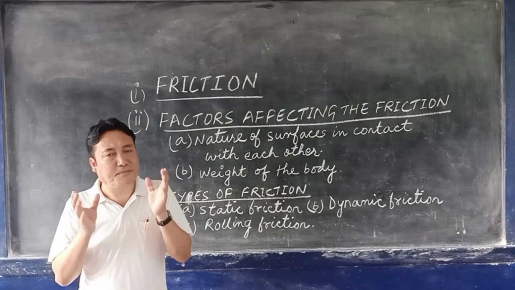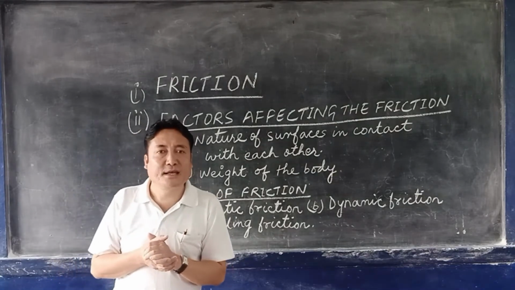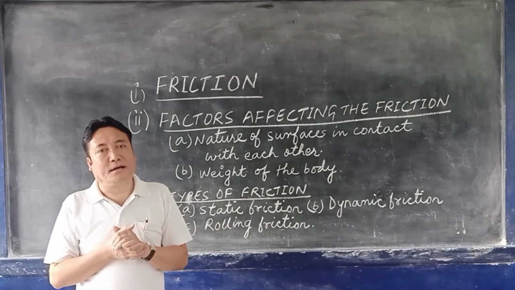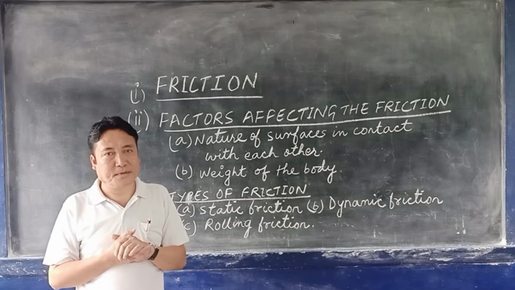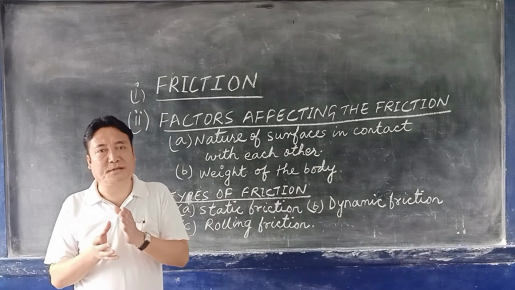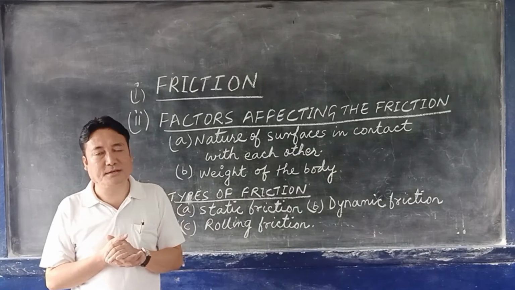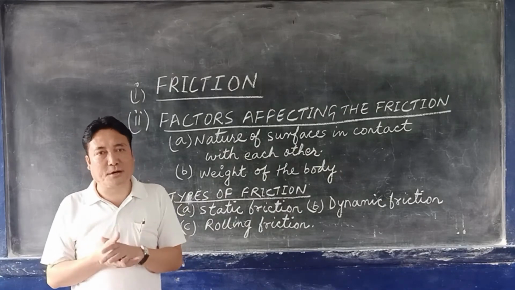So from these examples we can say that there is a contact between the ball and the ground, and between the tire of the bicycle and the ground.